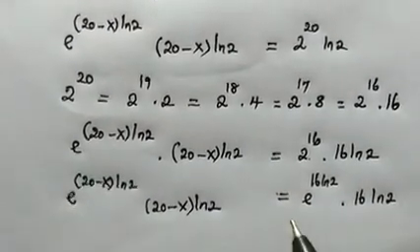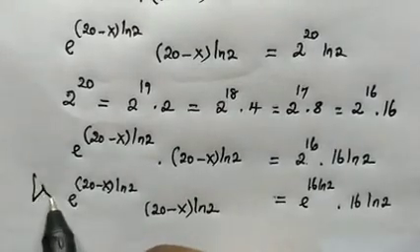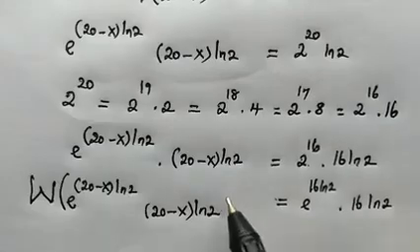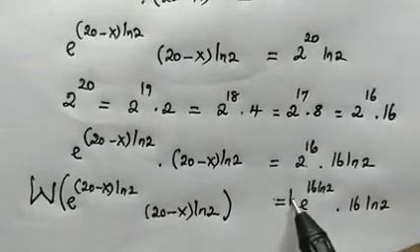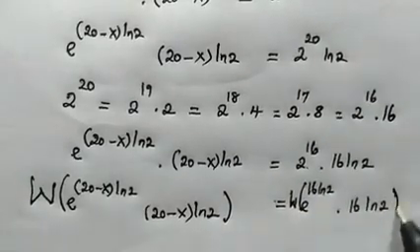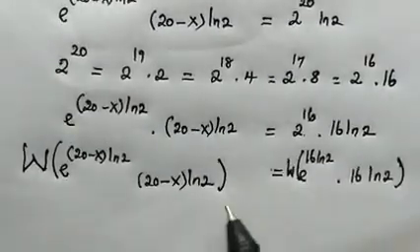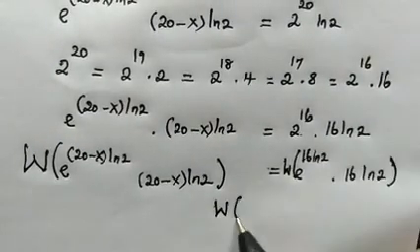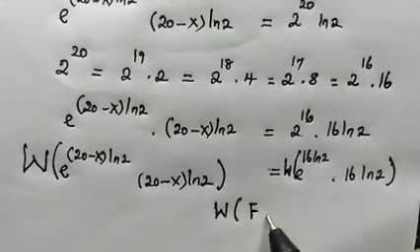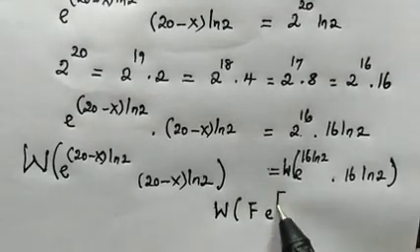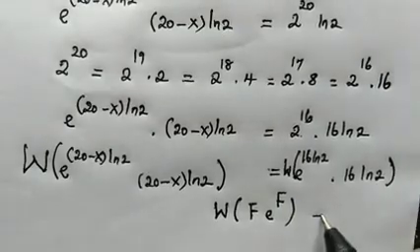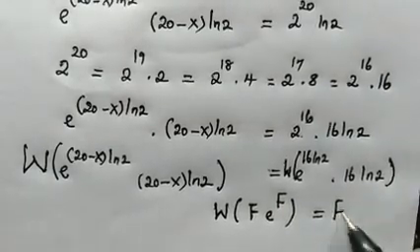Now we're going to make use of the Lambert W function on both sides. But we need to explain or talk about this Lambert W function. Okay, here is the property. The Lambert W of f times e to the power of f is equal to f.